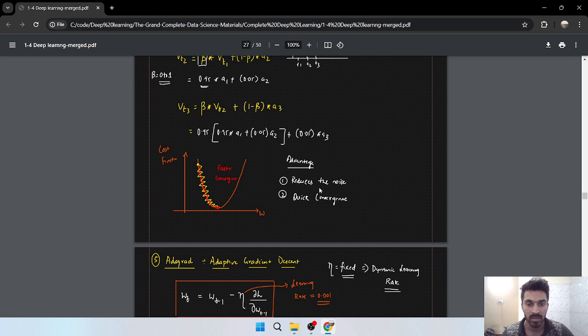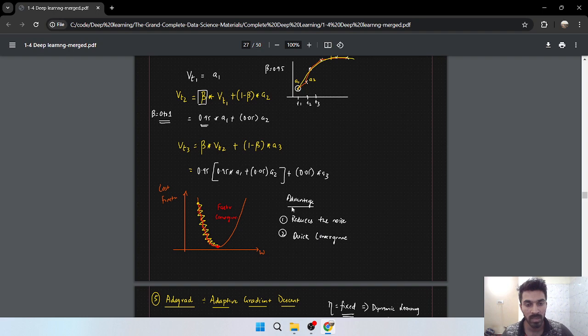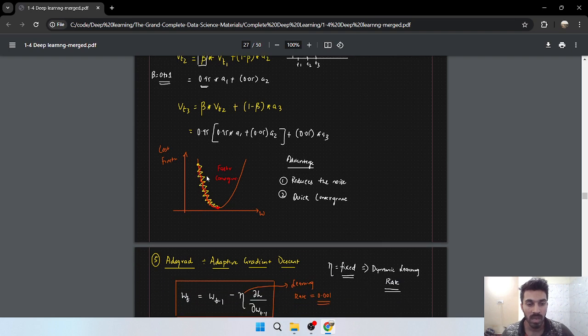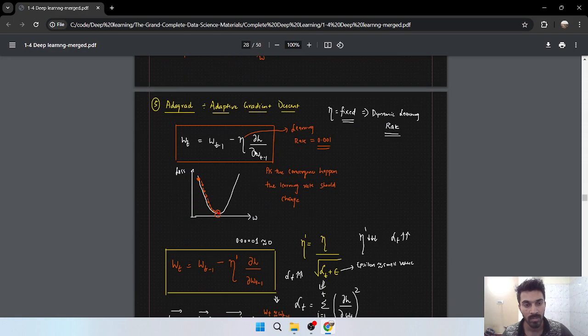Now the advantages: reduced noise and quick convergence. It is the same as mini batch, but here we have introduced a smoothing factor in our updation, so our updation will happen in a good manner. It gives quick convergence like mini batch SGD, and it also reduces the noise which was present in mini batch SGD.